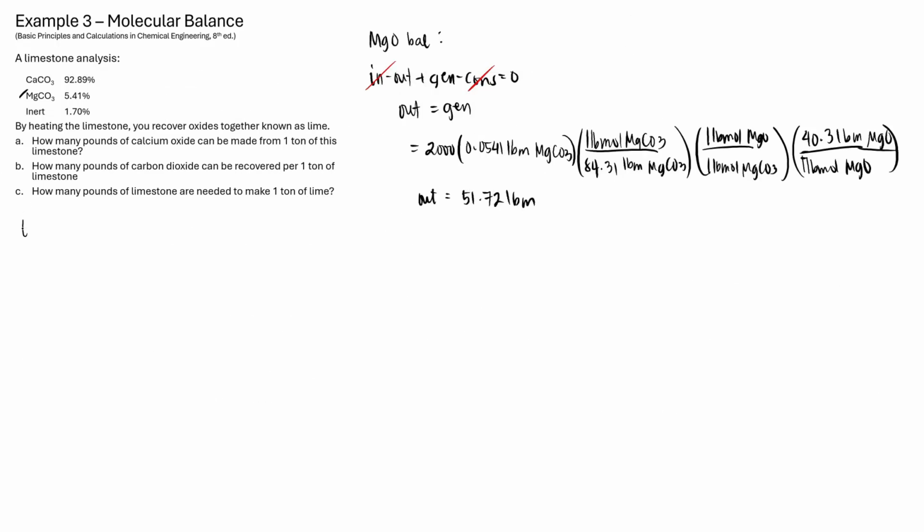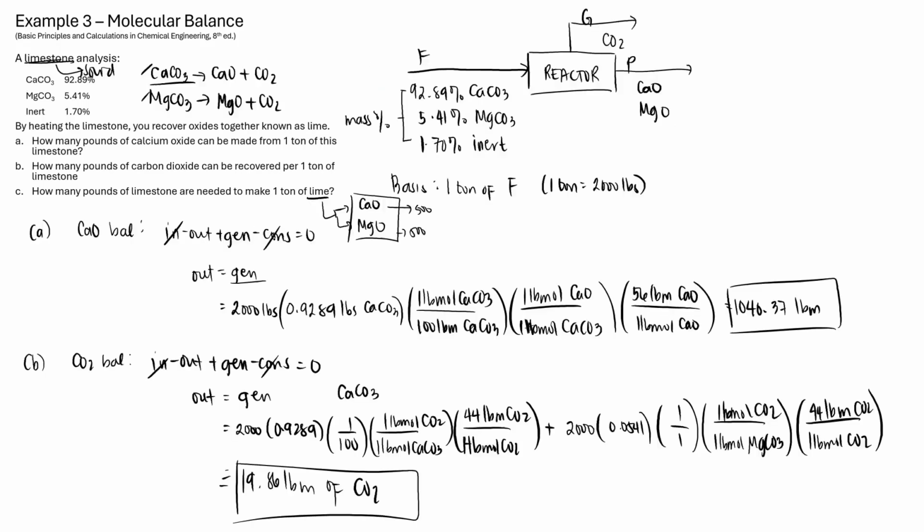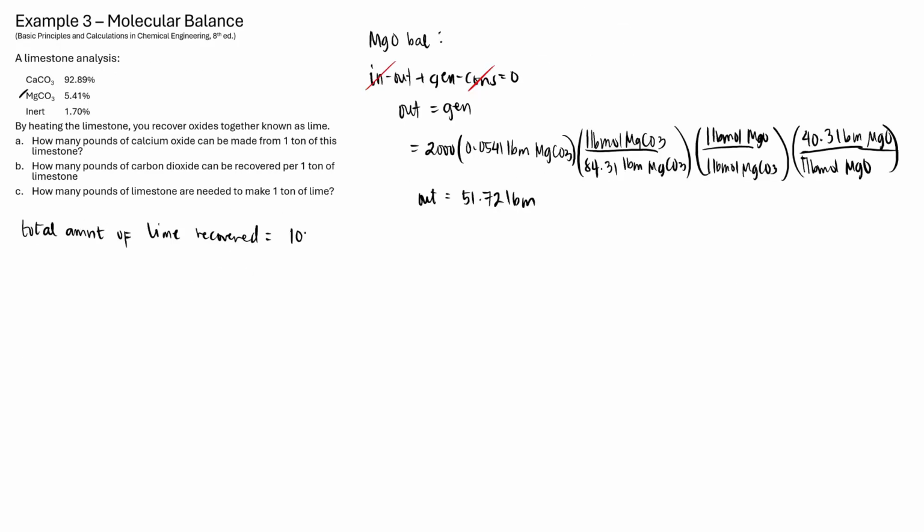So the total amount of lime recovered is 1040.37 plus 51.72, and that's 1092.09 pound mass of lime.